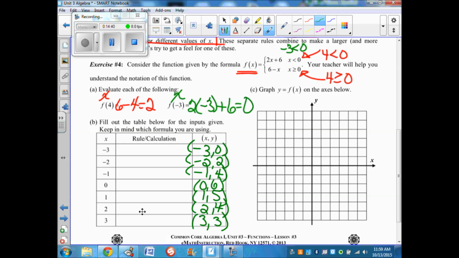Okay? I'm going to let you guys go ahead and graph those on the set of axes here. I'm not going to waste your time. We're almost at 15 minutes. Graph those, and obviously your graph should look exactly the way your calculator does.